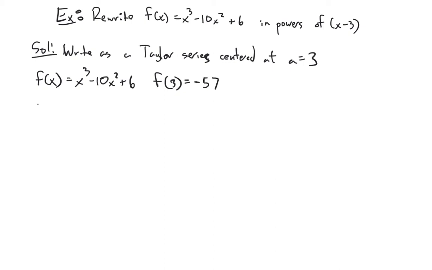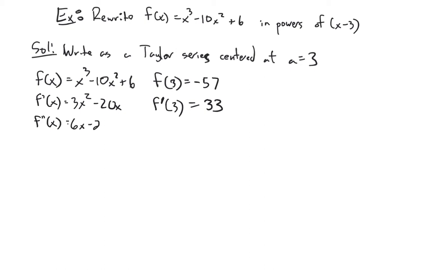Our first derivative at x is going to be 3x squared minus 20x. And if we plug in 3 into our first derivative, you can check pretty easily that we get 33. The second derivative, well, that's going to be 6x minus 20. Again, it's pretty easy to see if I plug in 3 in here, I'm going to get negative 2.